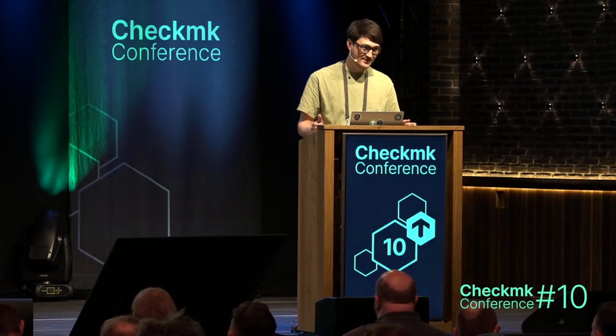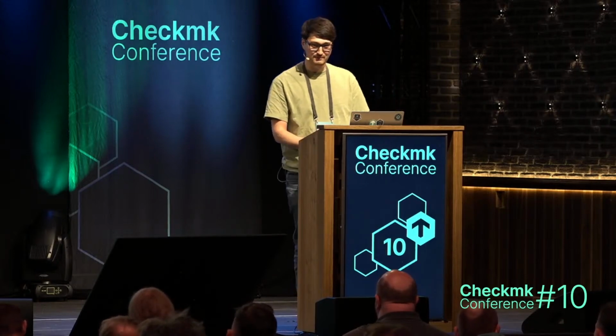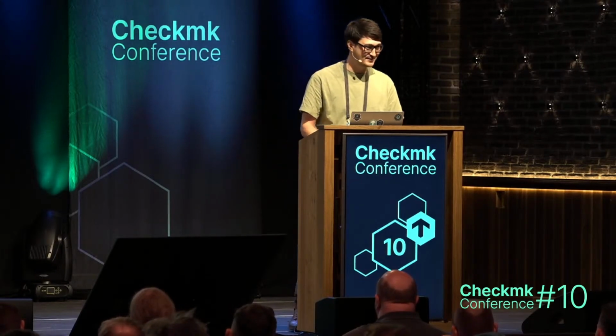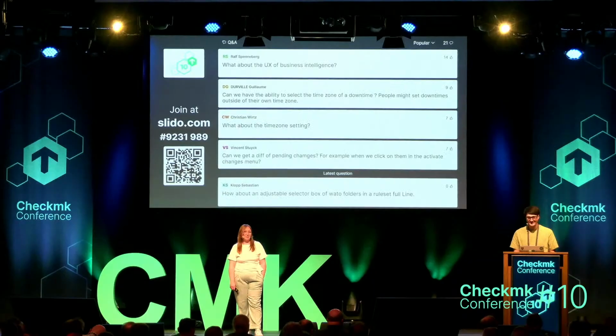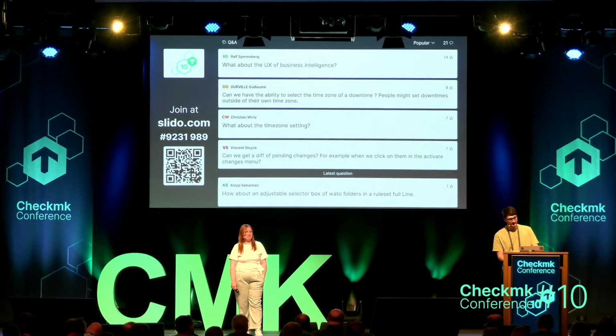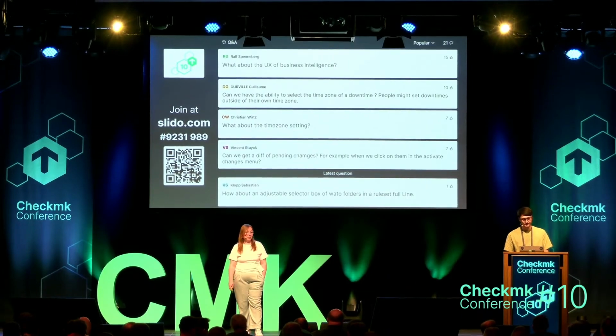So, the business intelligence is a great feature, but it might not be the easiest one to configure. And so we understand it needs an improvement, but this is not a simple thing. If we change the business intelligence UX, this is probably one of the larger projects we would have to do. We haven't planned it for 2.4, and we also haven't planned it yet for after, but we also haven't made the plans for 2.5 yet, so it might make it for 2.5, but definitely not for 2.4.